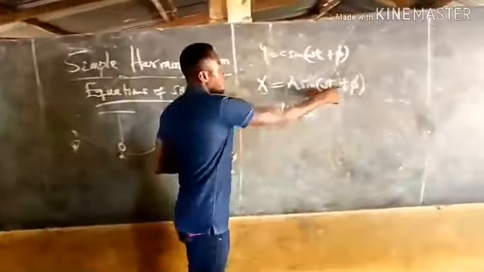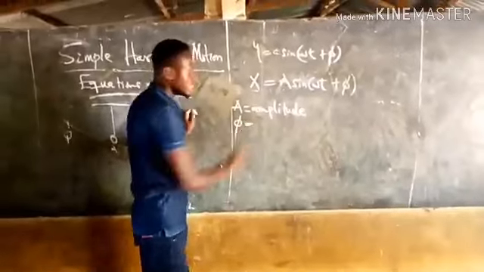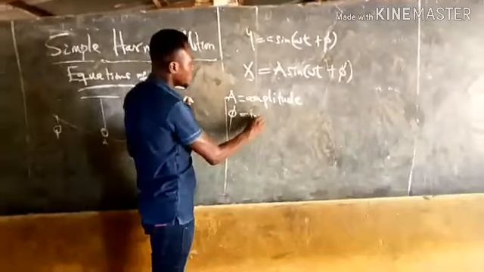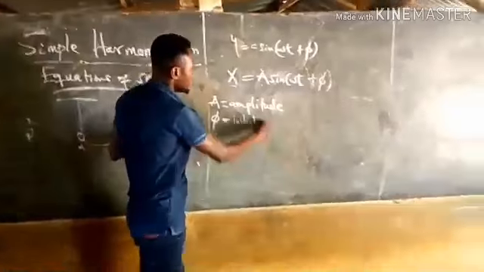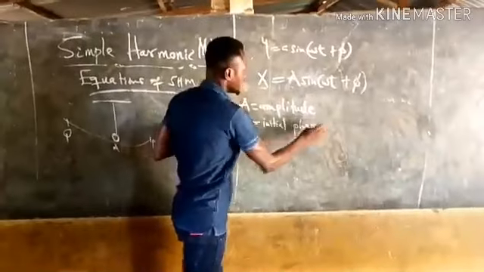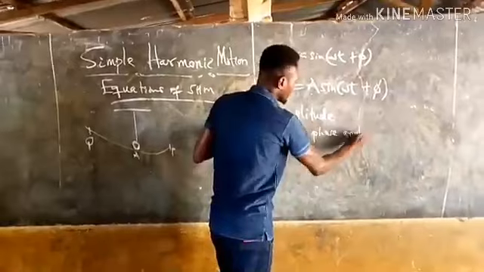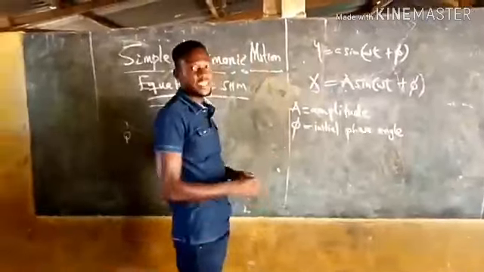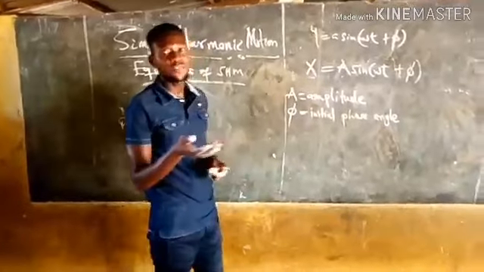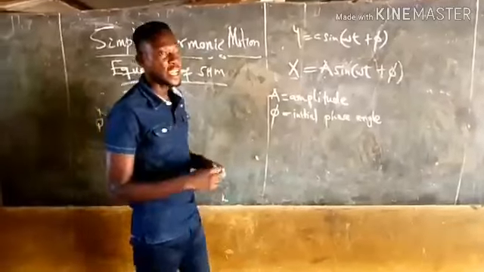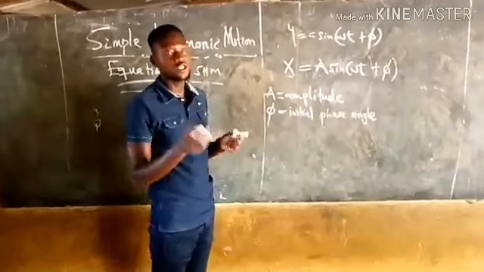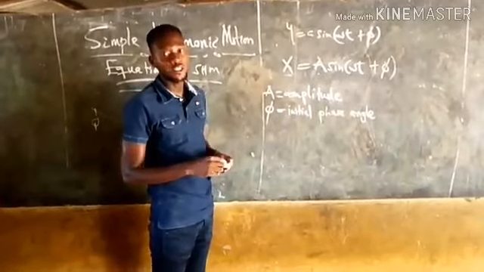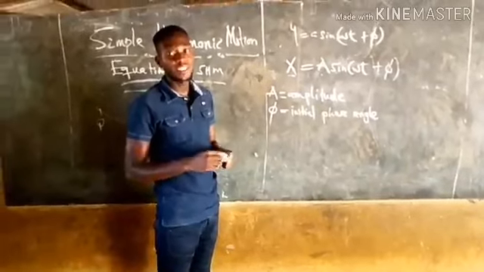Then we have phi. Phi is the initial phase angle. And how do we define phase angle? Phase angle is a fraction of a complete oscillation or a fraction of a complete cycle.